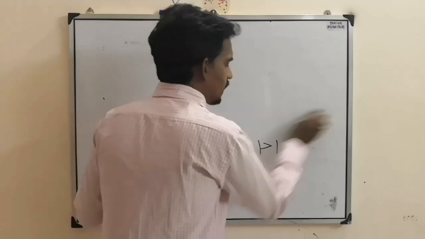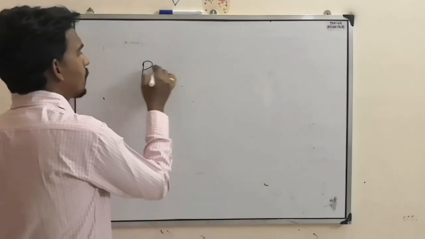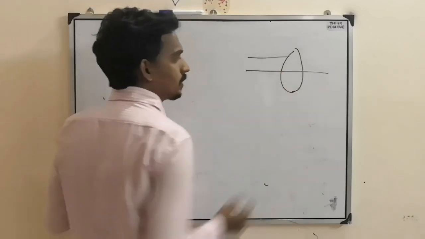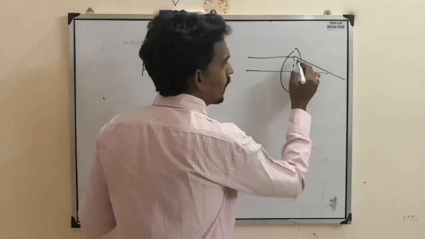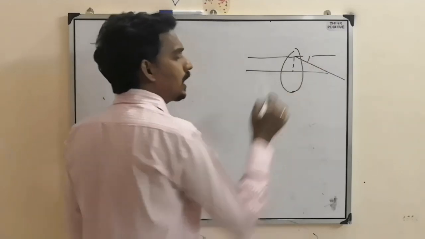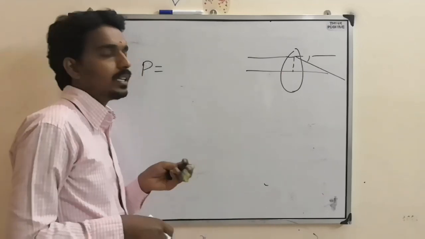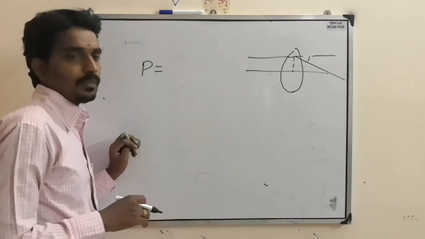Now the next thing, power of a lens. What is the power of a lens? When a ray falls on the lens at a unit distance, it will deviate through some angle. That angle of deviation, through what angle it can bend, that we call the power of the lens.